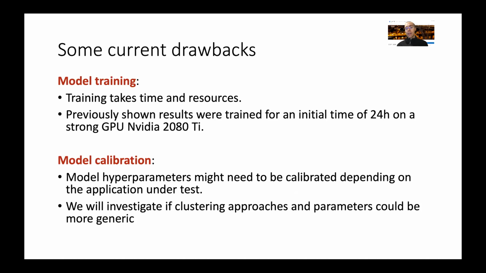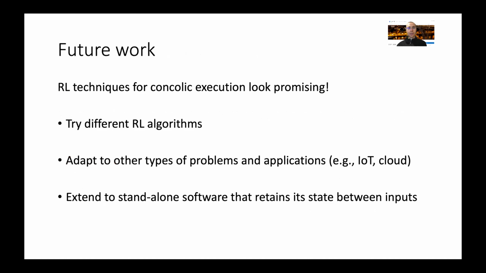We will try to investigate whether we could find some clusters of applications that could give us a predefined set of optimal parameters for users, for both training and inference.